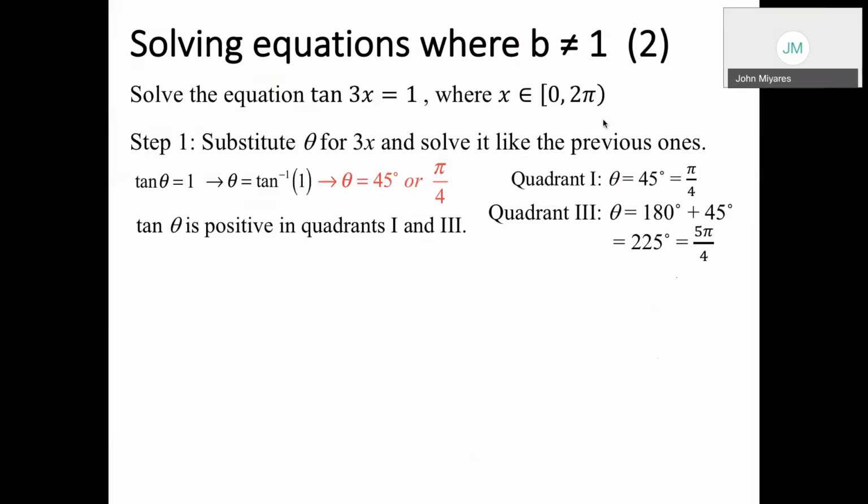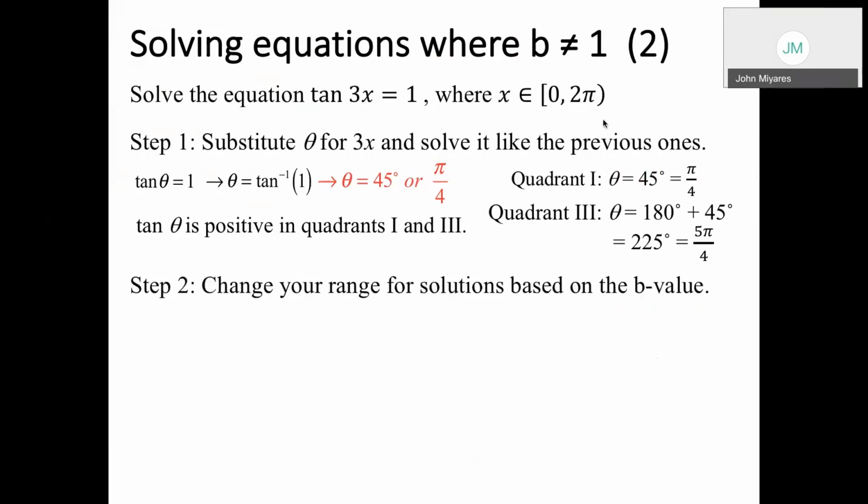Now let's look at the impact of that 3 in front of the x. What we just solved for was theta, but what we want are all the values of x between 0 and 2 pi that solve this equation. What we have is theta, and theta is the same as 3x.